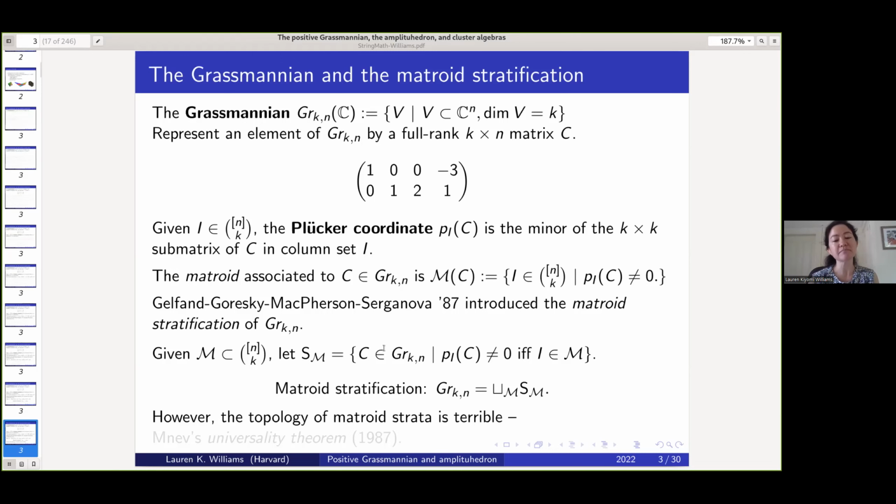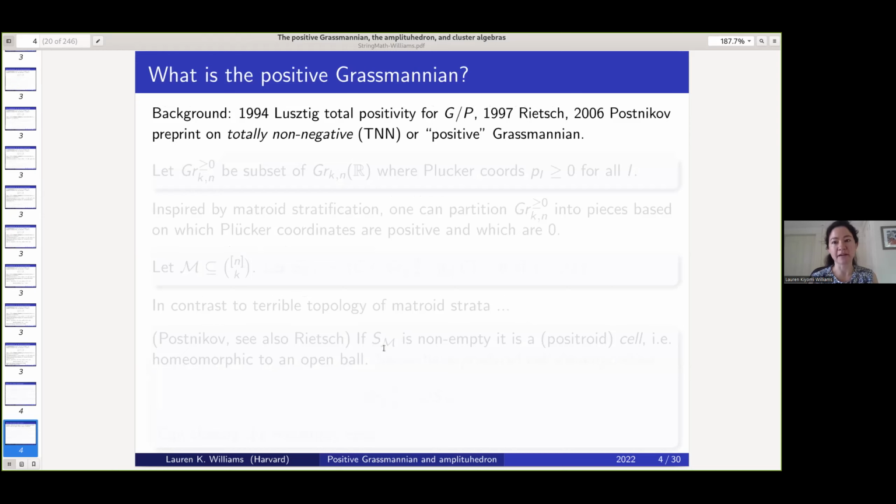This goes back to work of Lusztig in '94, Rietsch in '97, and Postnikov in 2006. One thing that comes out of these works is the notion of the totally non-negative or positive Grassmannian.